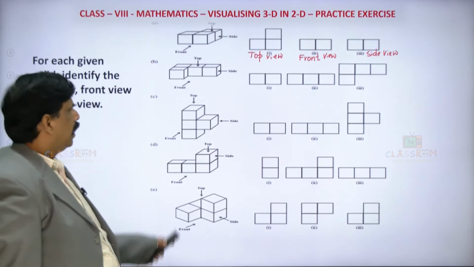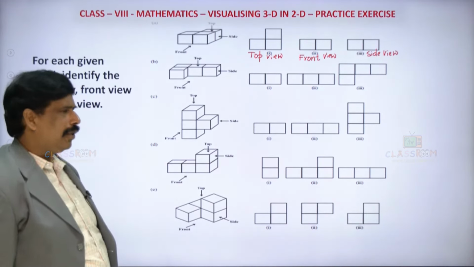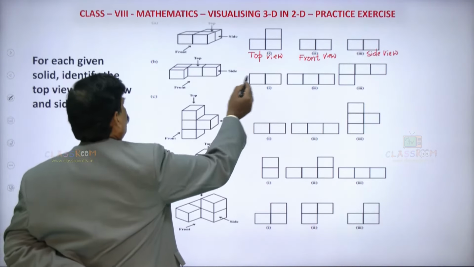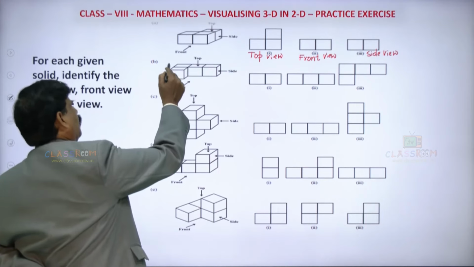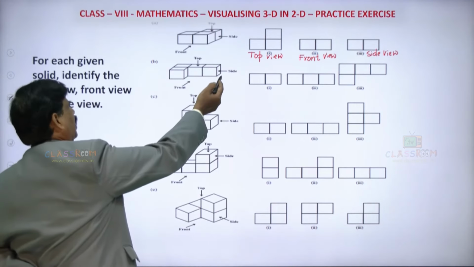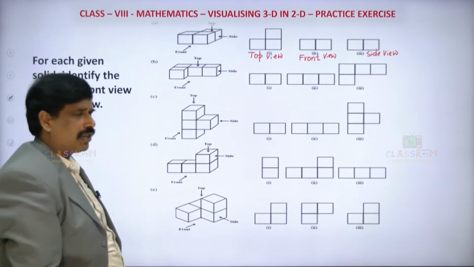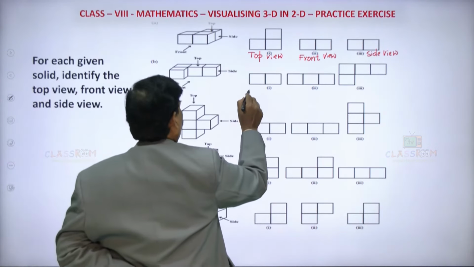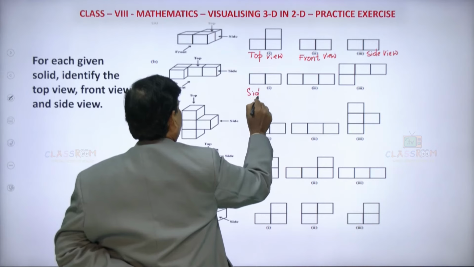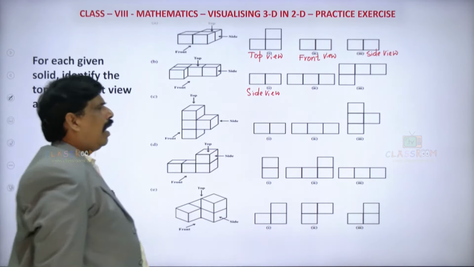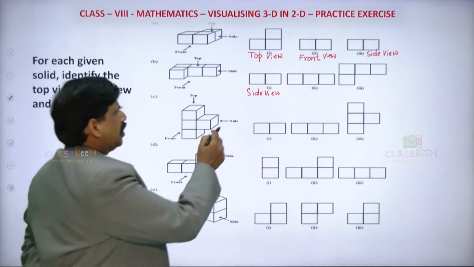Clear? And then look at the second diagram carefully here. So these two, if you observe, when we look from the other side, in the sense even this side, we are able to see the two boxes there. So this is going to be the side view here. And what about the next diagram we are seeing here, the three?